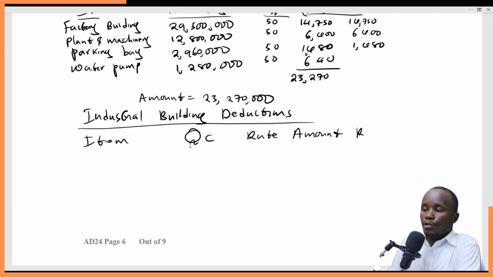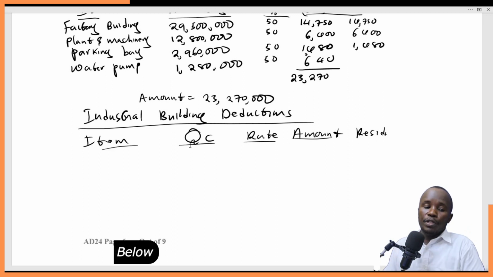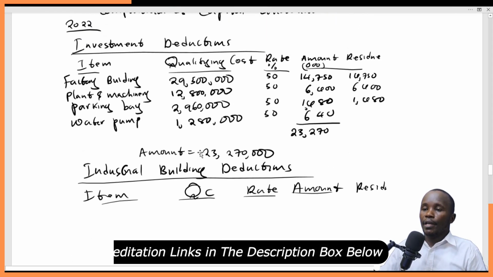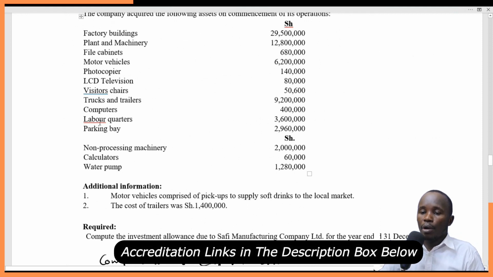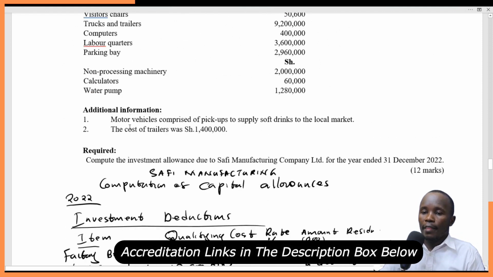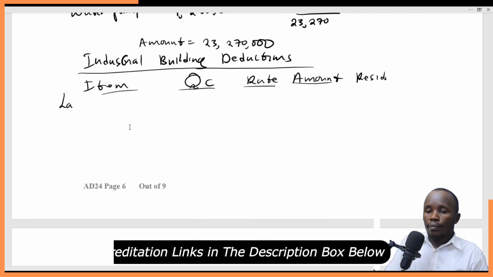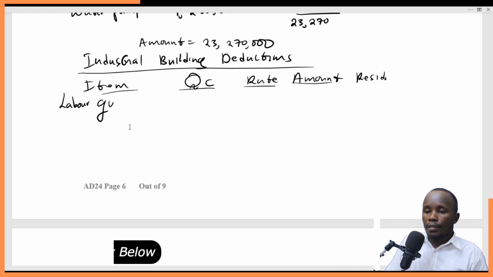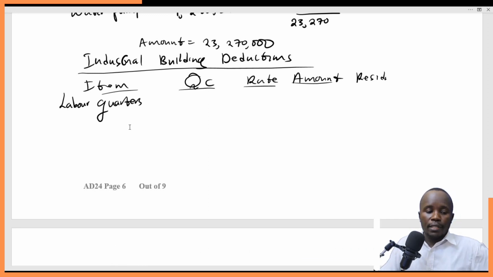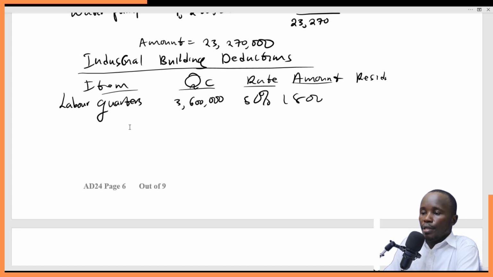Here in the industrial building deduction, we only have one item, and that item is labor quarters. There is no other. Labor quarters qualifying cost is 3.6 million, and you need 50%. So this is 1,800,000. The same thing, 1,800,000. Put this one in thousands.